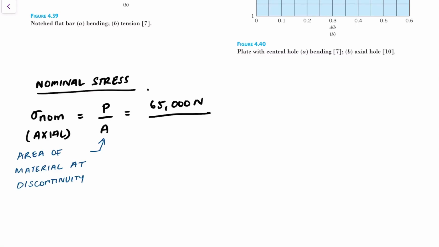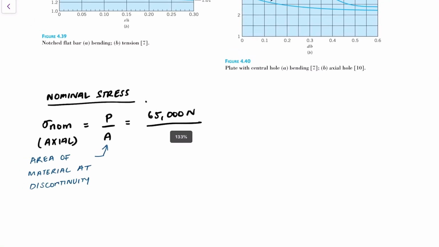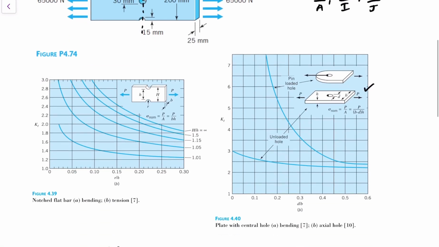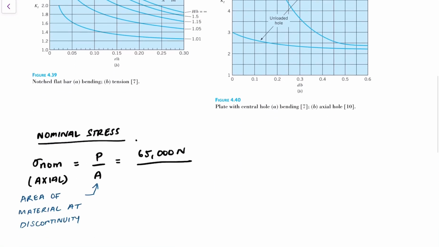And we only need to calculate one sigma nominal because both features exist at the same point, or along the same line on the beam, where the cross section is, in our case, uniform. So what we need to do is figure out how much of that cross-sectional area actually has material.